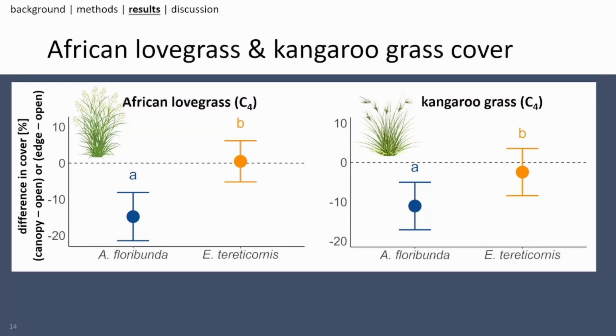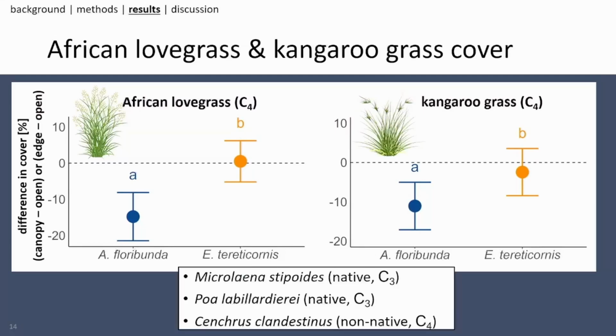Because both of these grass species are relatively dominant, you probably wonder, if they're both reduced beneath Angophora trees, which other species are there? The most common species that were higher in abundance beneath Angophora trees was mainly Microlaena stipoides, which is a native species, and to a lesser extent Poa, which is also a native species, and both of them are C3 species.